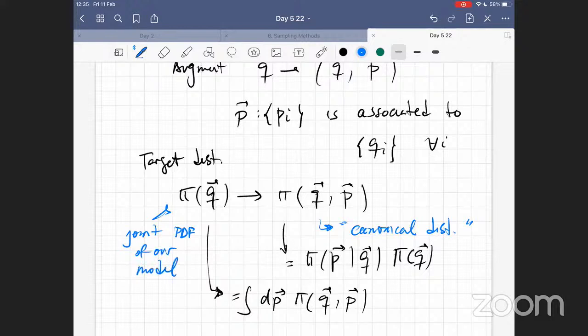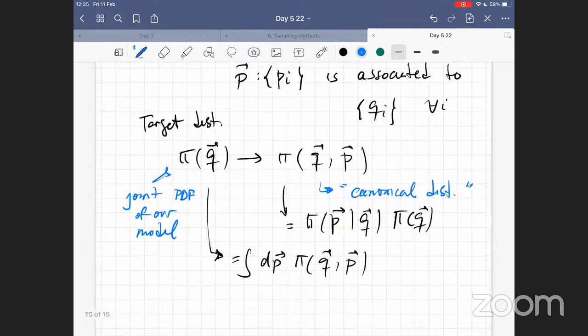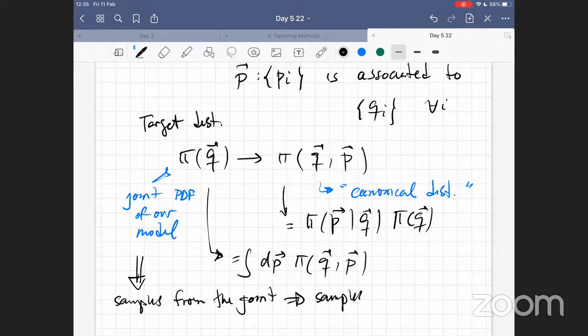In this particular case, imagine I have a model, a Bayesian inference, and I want to estimate the posterior. The way to implement this with this approach is that it is enough to get samples from the joint, which will also be samples from the posterior.